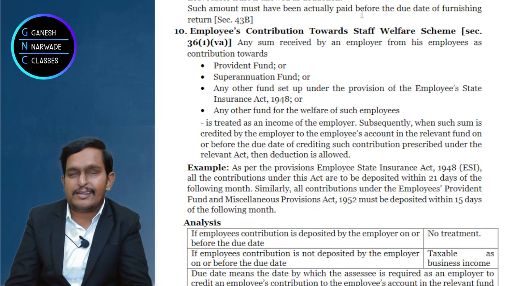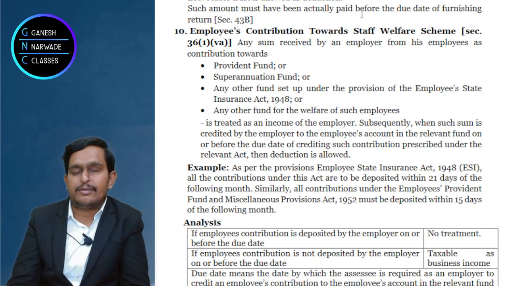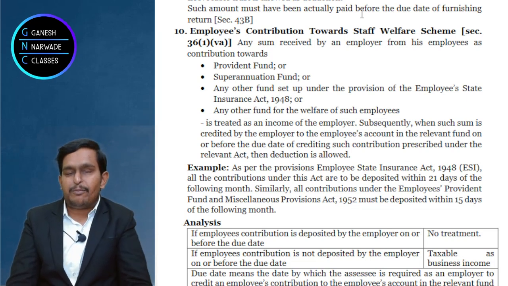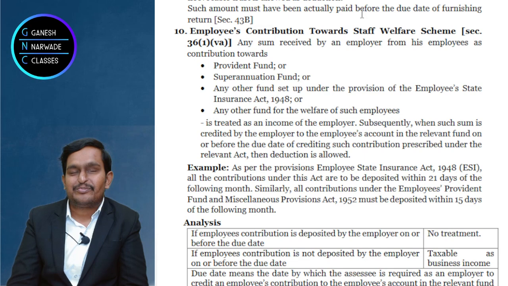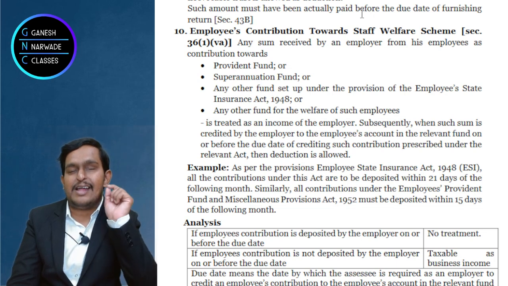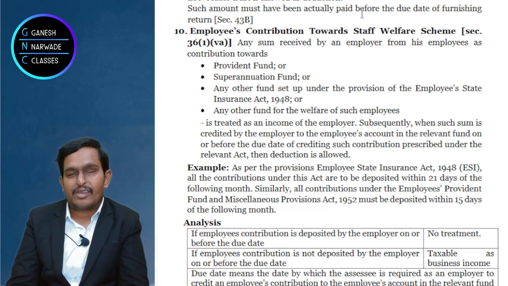Right, in the analysis section you can see no need to do any treatment. But if suppose he deducted from your salary and did not deposit within the due date, then it will be treated as his income. And which income? Business income. Okay, this you should be clear.